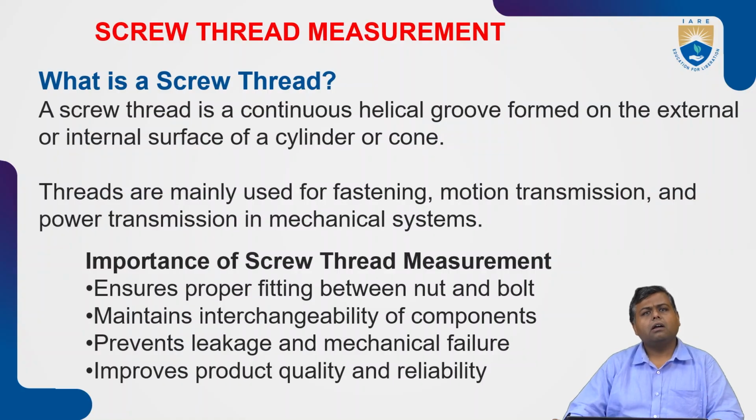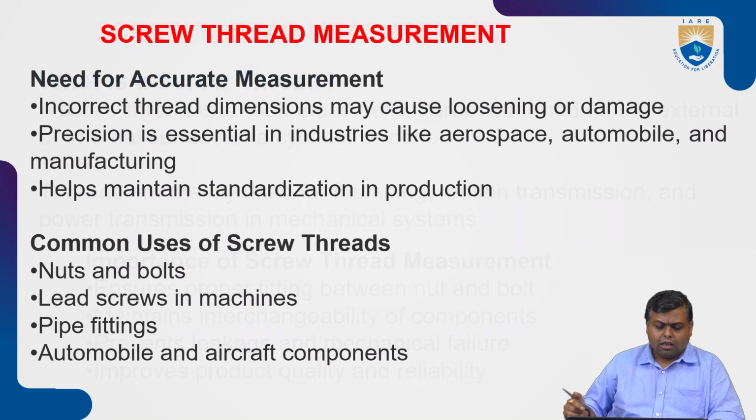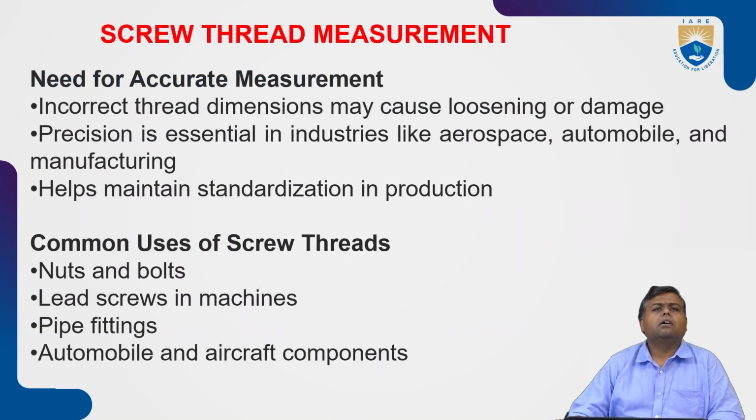In general, a screw thread is a temporary joint which we can remove and fix as per the requirement, for interchangeability, as well as for tightening and loosening of the thread with respect to the nut. So let us see the different measurements required for accurate measurement of the dimensions of the screw.